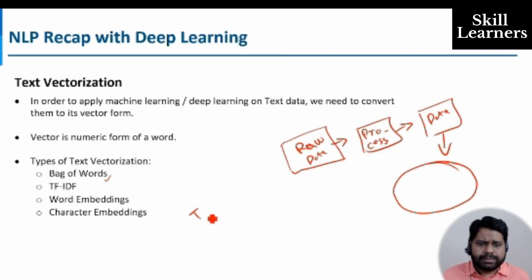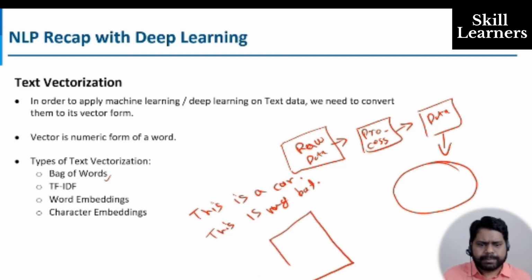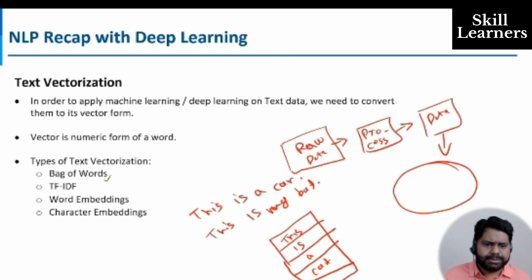Let's take an example. This is car, this is my bat. Each word: this is a car, since this is already present and is also present, my will be the next term and bat will be the next term.